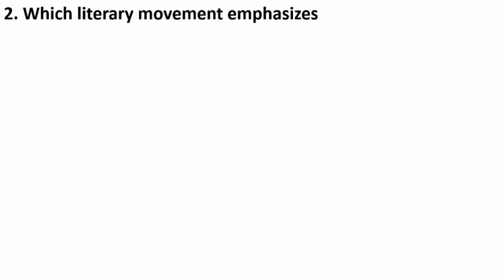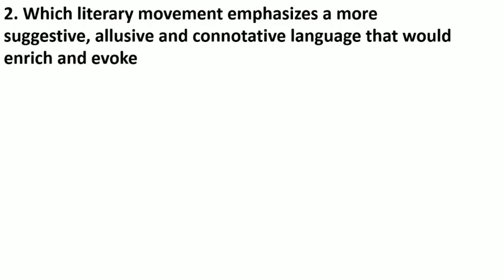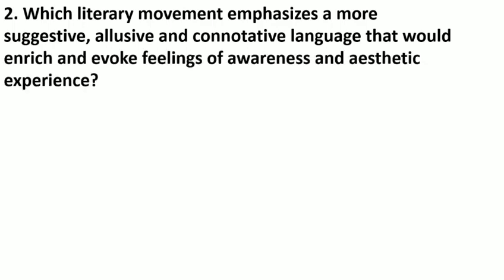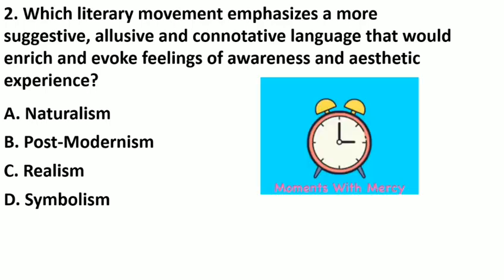Number 2. Which literary movement emphasizes a more suggestive, allusive, and connotative language that would enrich and evoke feelings of awareness and aesthetic experience? A. Naturalism. B. Postmodernism. C. Realism. And D. Symbolism.